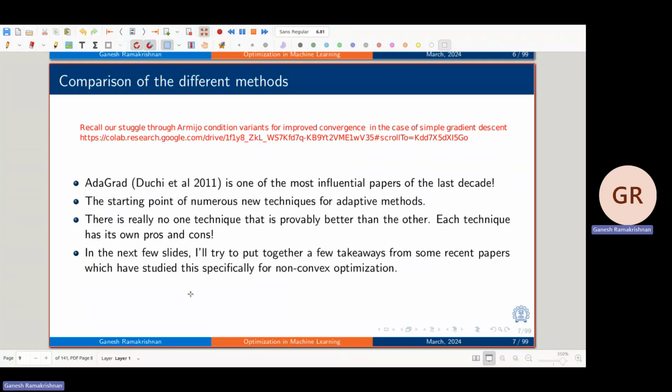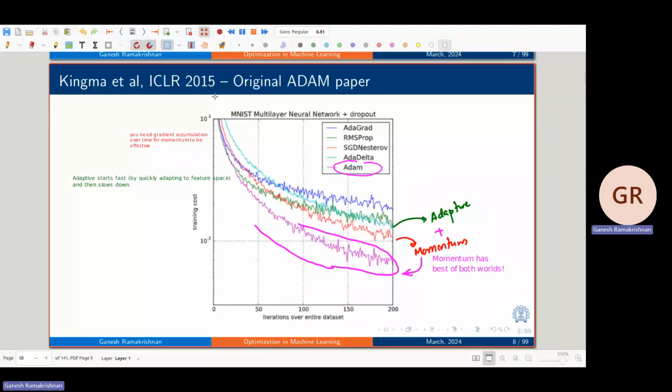So let's look at some of the key takeaways from some of the recent papers. This is the original ADAM paper, ICLR 2015, and you can see the kind of characteristic differences. Stochastic gradient descent with Nesterov, that is the one in red. What do you observe?